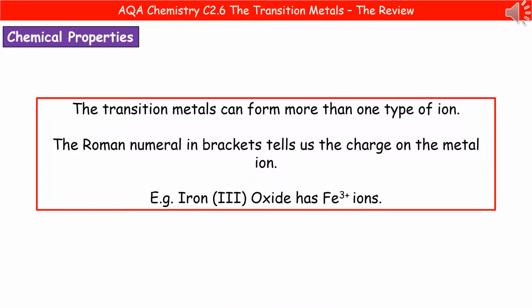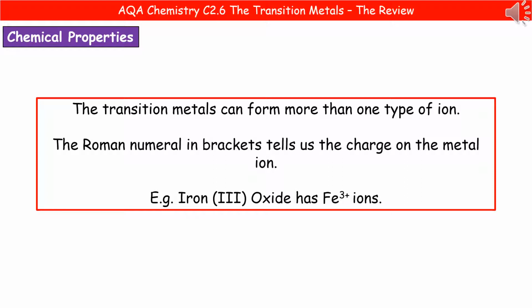The next thing we need to consider is the fact that the transition metals are actually kind of cool, because what they're able to do is they don't just form one type of ion, like those in group 1 always make a +1, those in group 2 always make +2 ions. They can make more than one type of ion.